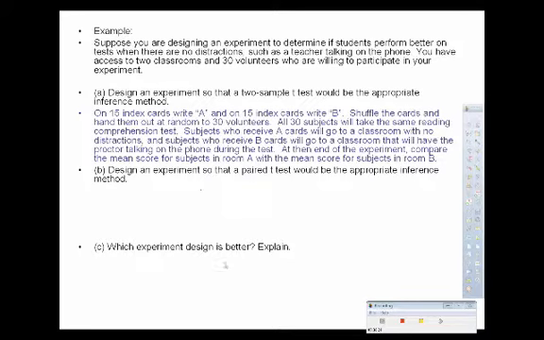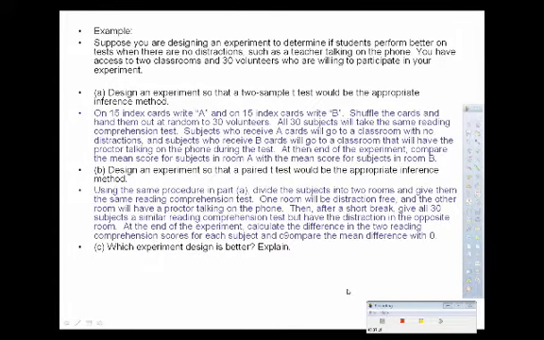Design an experiment so that a paired t-test would be an appropriate inference method. Okay. Using the same procedure as in part A, divide the subjects into 2 rooms and give them the same comprehension test. One room will be distraction-free, the other room will have a proctor talking on the phone.